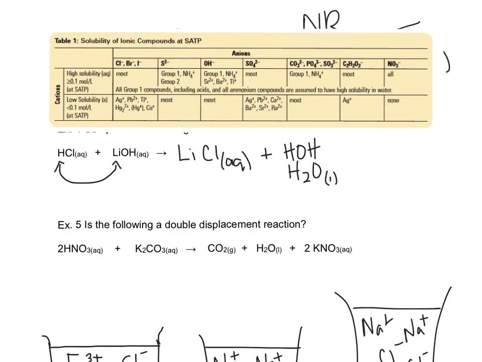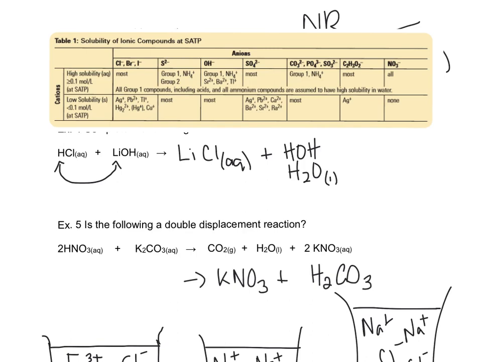But when you do this, you would have K switching with H, so KNO3, plus, so now H goes with CO3. CO3 is 2 negative, so we need 2 of them. So we would get potassium nitrate and H2CO3, hydrogen carbonate.